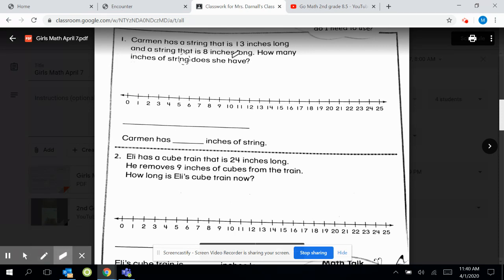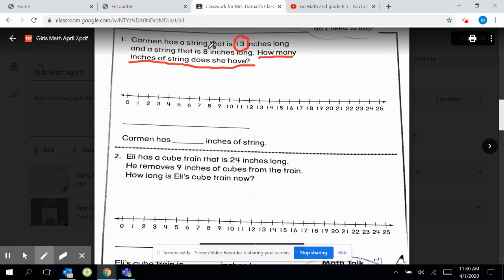Okay, so let's do the next problem together. You can turn your page, and it says Carmen has a string that is 13 inches long and a string that is 8 inches long. How many inches does she have? So we ask ourselves, first step, what do we need to find? We need to find how many inches she has. What information do we need to use?